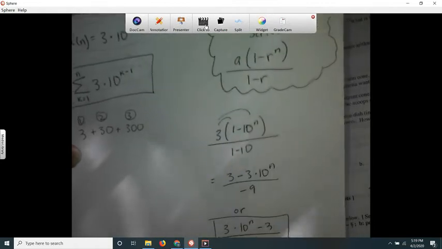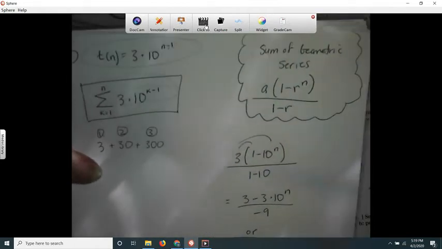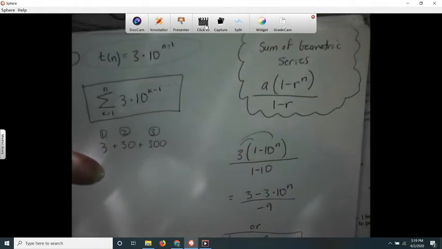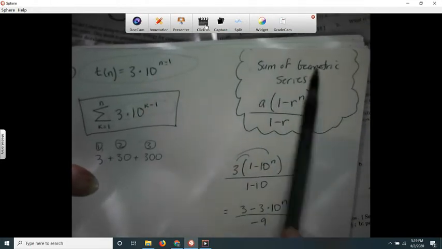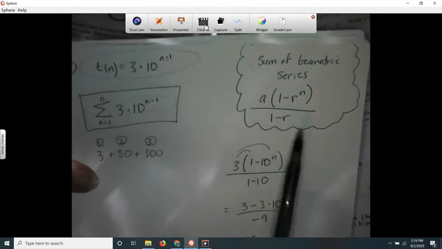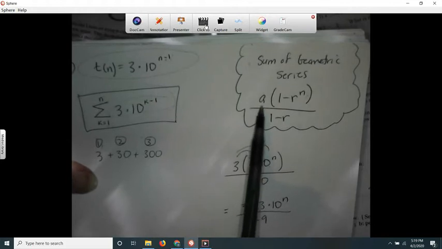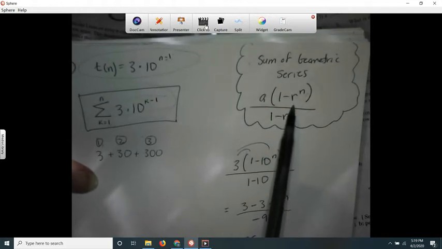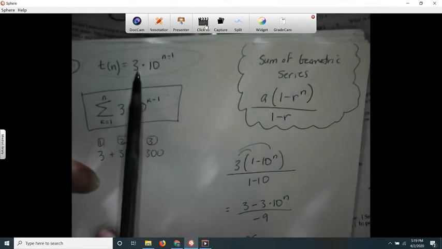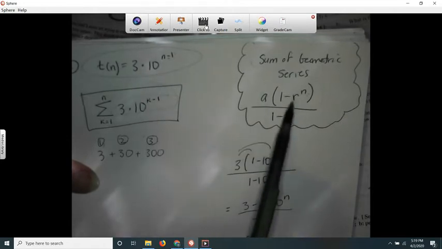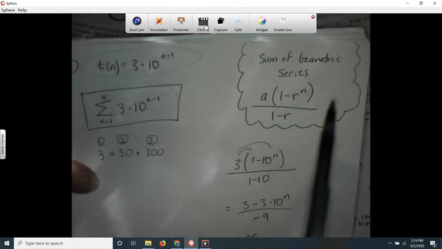My page numbers are different than yours because you have 2 volumes and I just have 1, but there is a math notes box that has this formula in it. So A is the first term, and R is the multiplier. So in our case, A is going to be 3, and R is going to be 10.